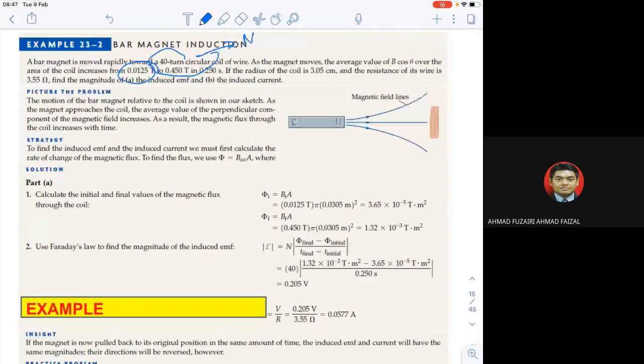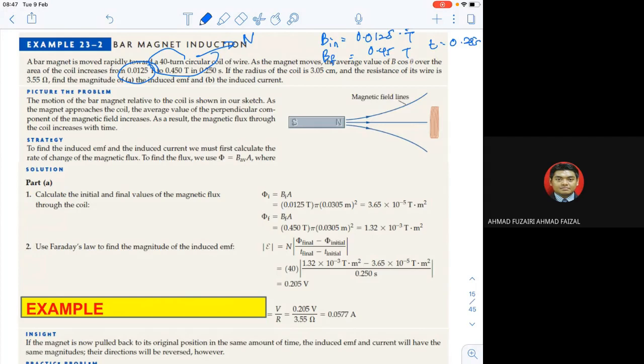Remember, B initial is 0.0125, B final is 0.45 Tesla. It's not a Tesla meter square. That means it is not a flux, but it is a magnetic field B, in time equal to 0.25 seconds.